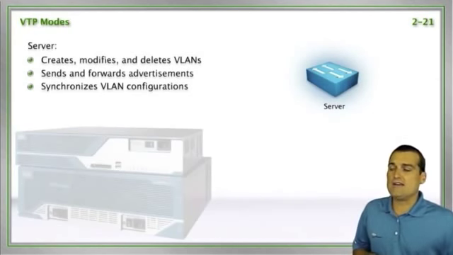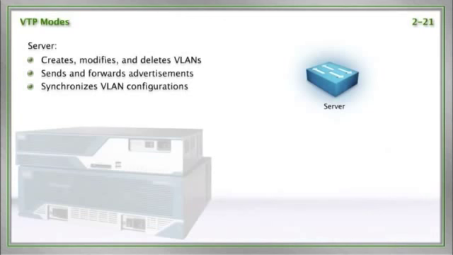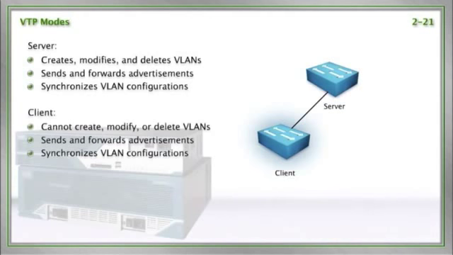You can go ahead and go to certain devices and you can give them the role of client. When you put a device in the client mode, it can no longer create or modify or delete its own VLANs, and it's going to be in that slave-like operation to your server or servers that are out there on the network. All of this is pretty easy, of course, to memorize, right? Makes sense. We got a server, we got a client.